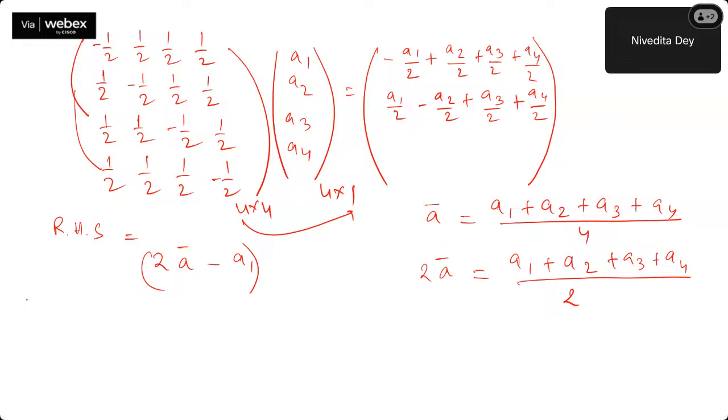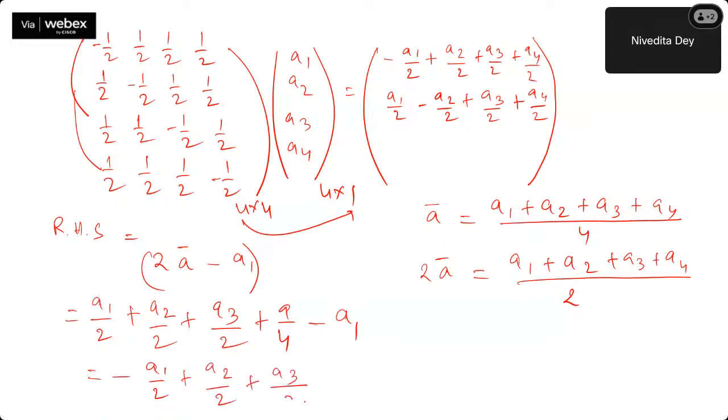Which is a1 by 2 plus a2 by 2 plus a3 by 2 plus a4 by 2 and minus a1, which is a single value. So just by minus a1, it will be only this thing, minus a1 by 2. All the other values are exactly true, and it is a4 by 2. So it is the same entry as you can see here.